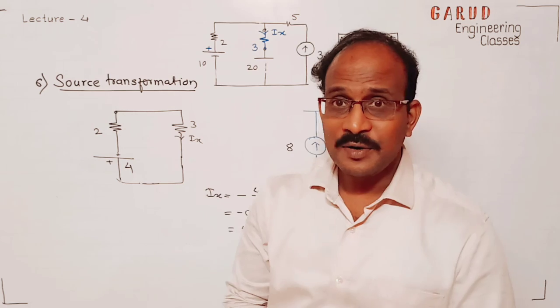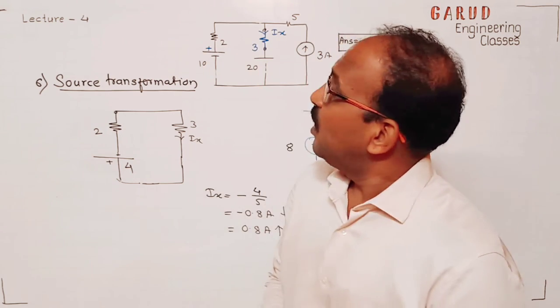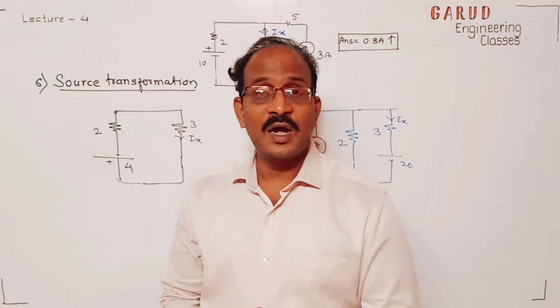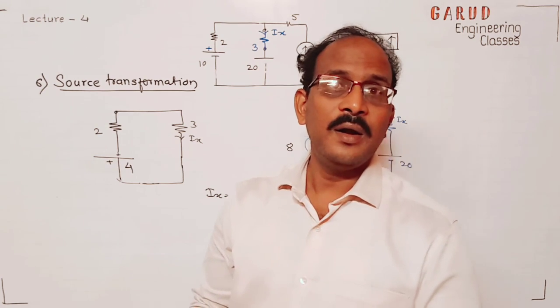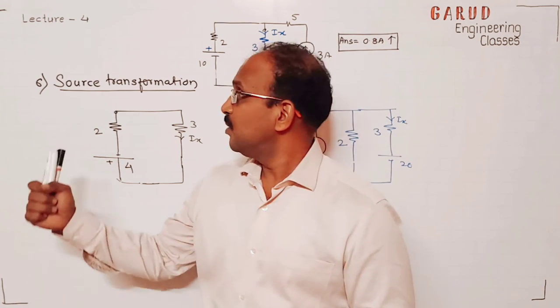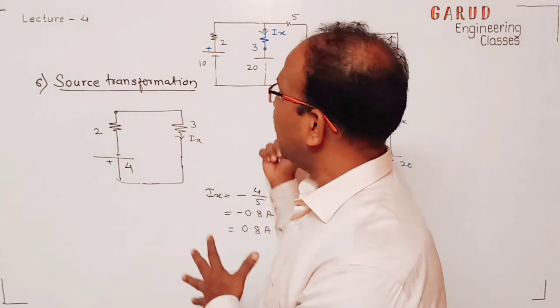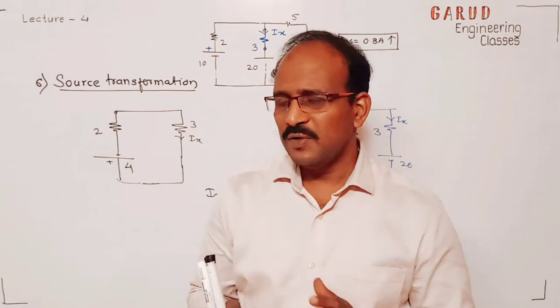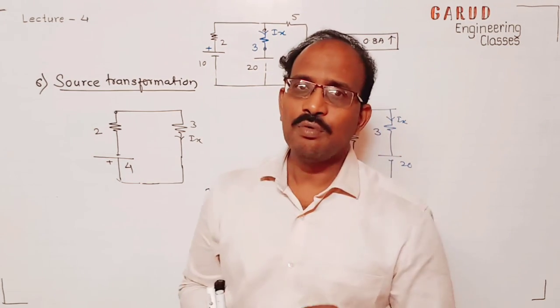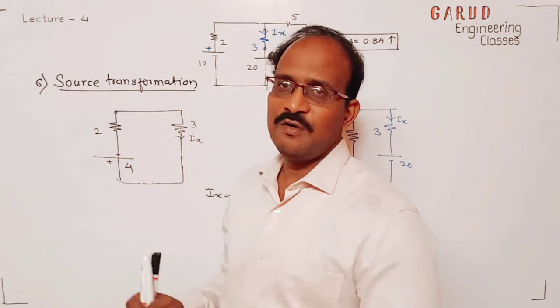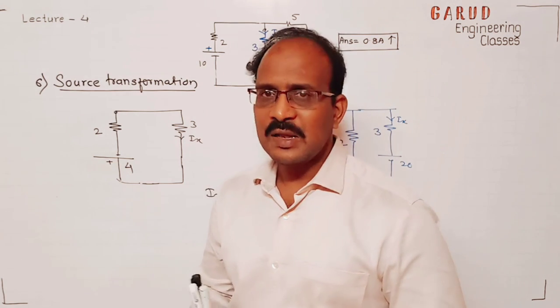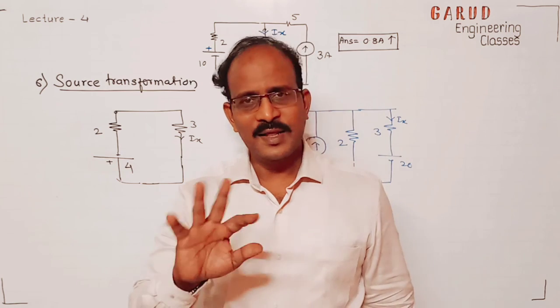From the next chapter, the next lecture, that is the 5th lecture, I will start dependent sources. This chapter will contain all theorems with dependent sources. The rules are almost the same, but we have to take care of the dependent sources and how they behave. That I will explain in the next lecture. Till then, bye.